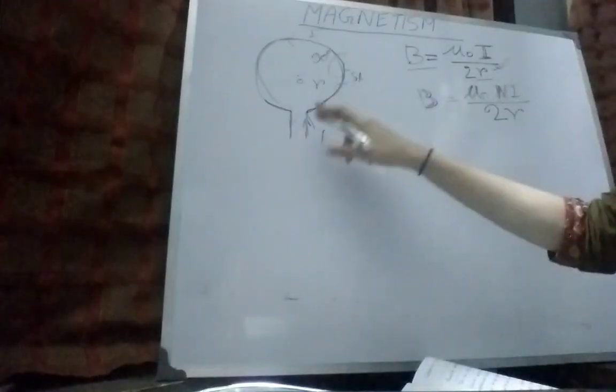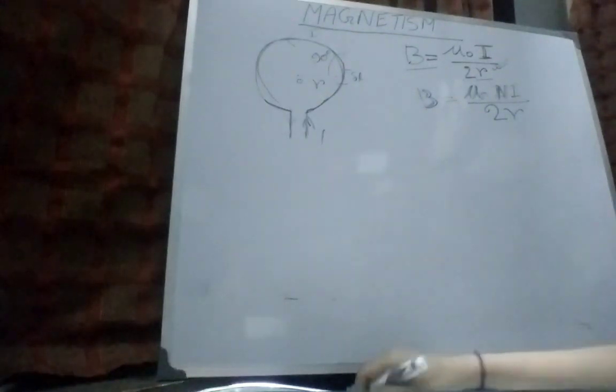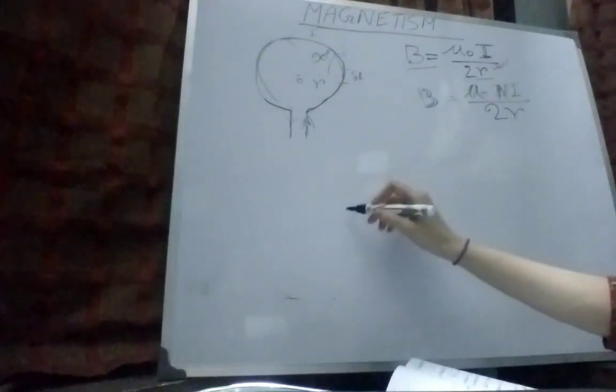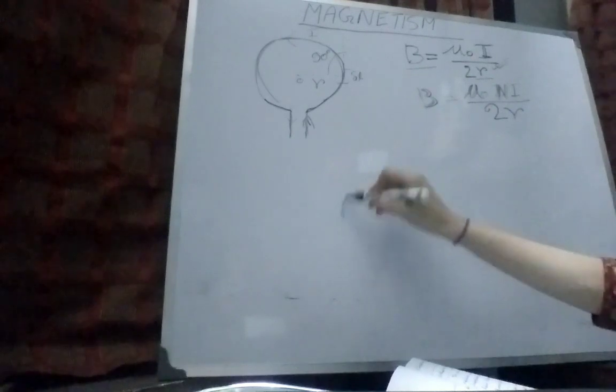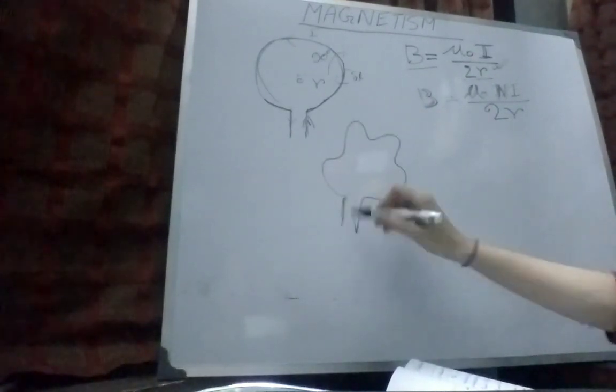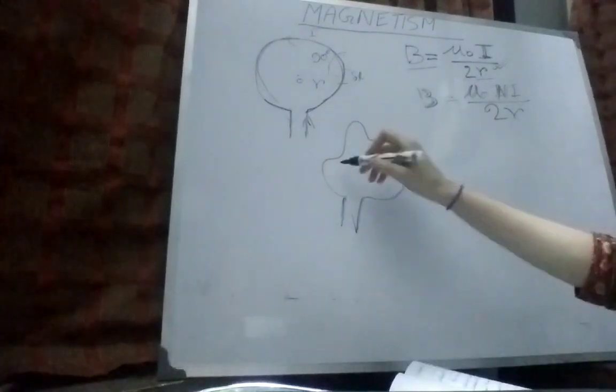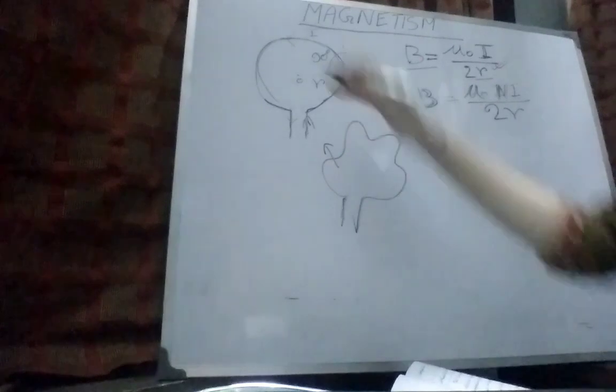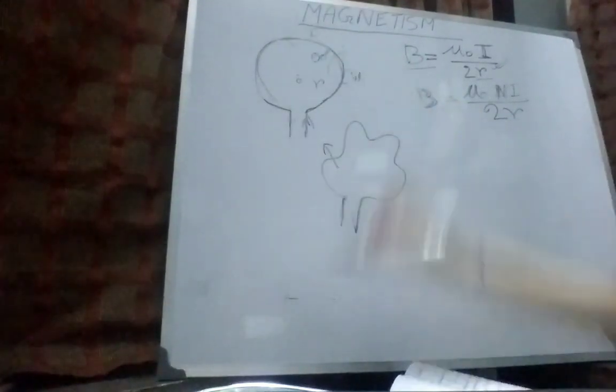Why are we using this circular shape? Because if we use a coil of irregular shape, something like this, and then turn this coil into a circular loop, we will see that the area of the loop will increase.